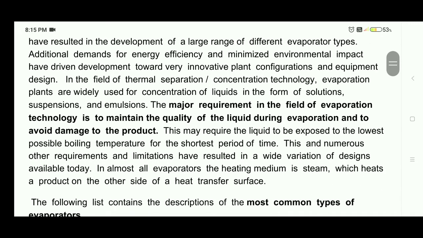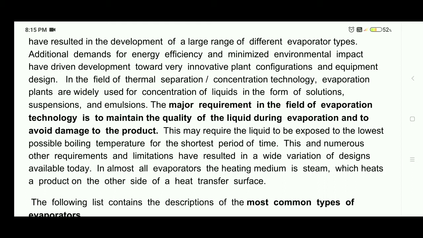This may require the liquid to be exposed to the lowest possible boiling temperature for the shortest period of time. This and numerous other requirements and limitations have resulted in a wide variation of designs available today.